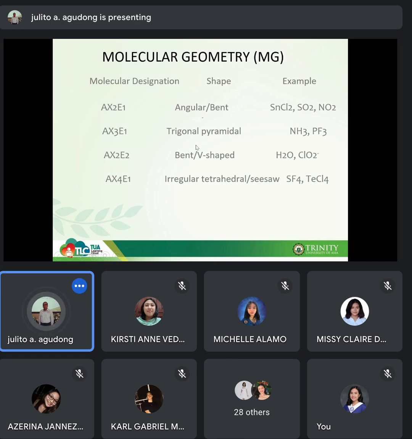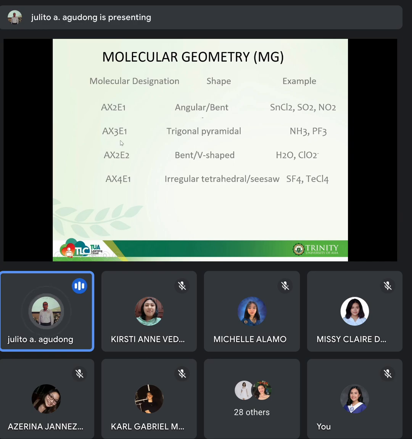The shape is trigonal pyramidal, and this is exhibited by your molecule ammonia, NH3, and your phosphorus trichloride. Okay? Those are the molecules that exhibit your trigonal pyramidal shape.